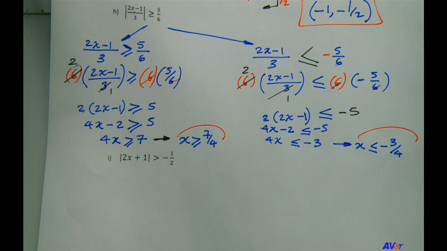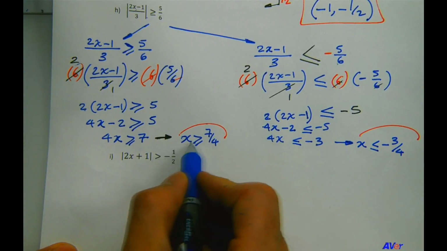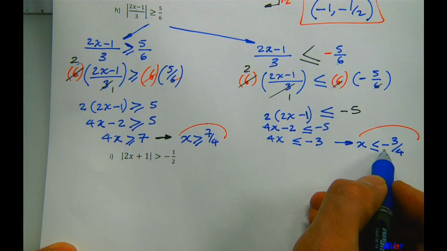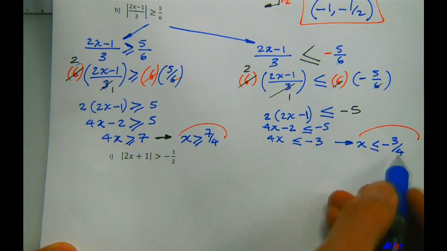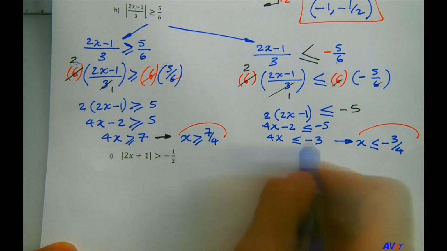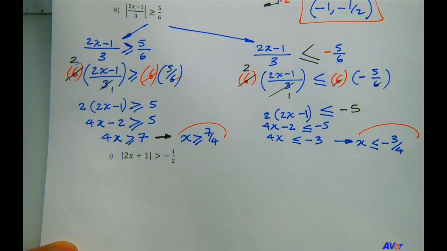Okay, so writing this one says x greater than or equal to 7/4. This is less than negative 3/4. Do they overlap? Well, I'm not going to draw the graph here, but I can draw it on a piece of scratch paper. It just occurred to me.